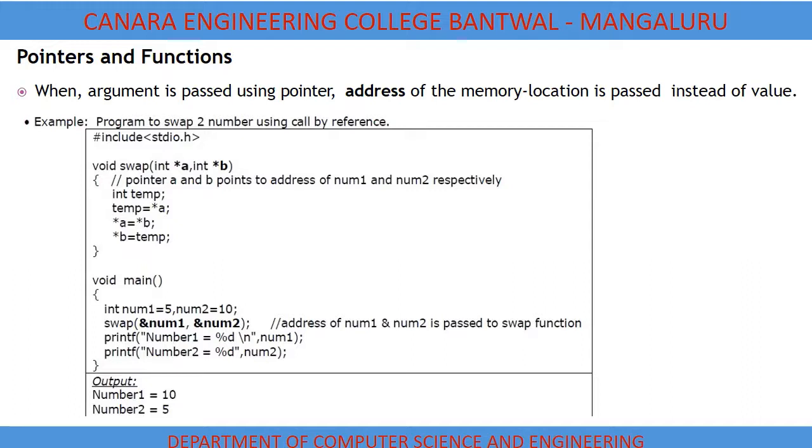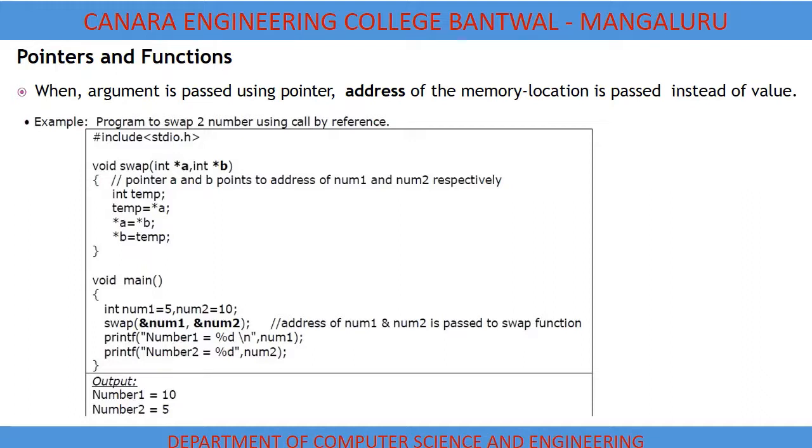So temp is equal to *a. *a refers to the content of num1, which will be stored in temp. *a is equal to *b. So the content of num2 will be copied to num1 directly, as it is copying to *a, which is indirectly copying to the num1 variable in the memory location.